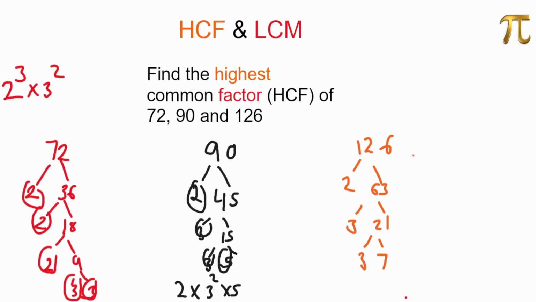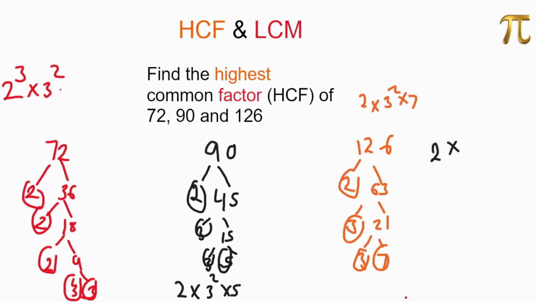For 126, you're going to have 2 times 3 squared times 7. Now what you look at is all of the numbers you have in common. So you're going to write down 2. Do you have a 3 anywhere?